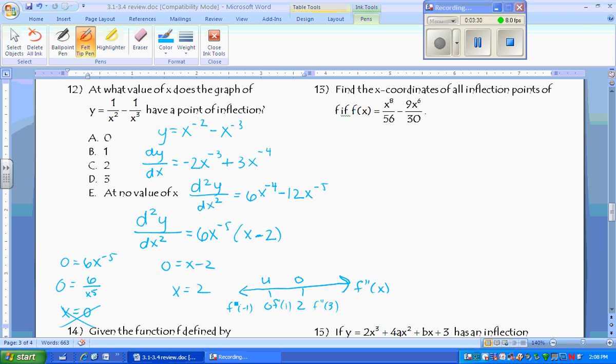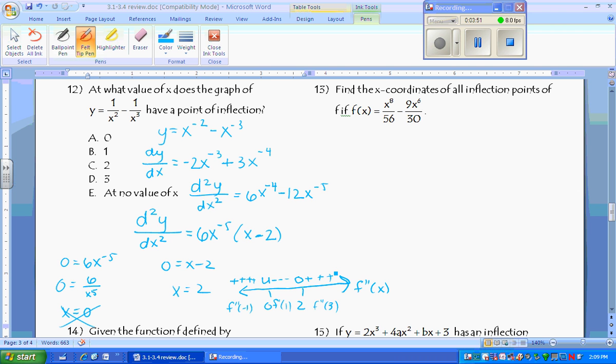So if you take negative 1 and plug it into the second derivative, you would get a positive number. If you take 1 and put it into the second derivative, you'd get a negative number. And then finally, you'd get another positive number if you plug in 3.